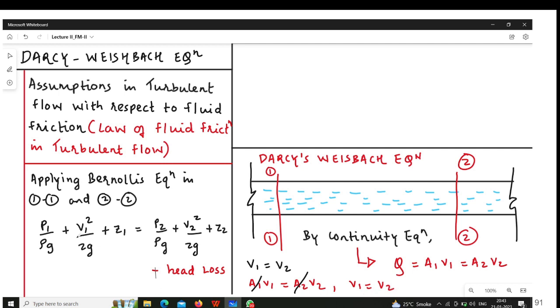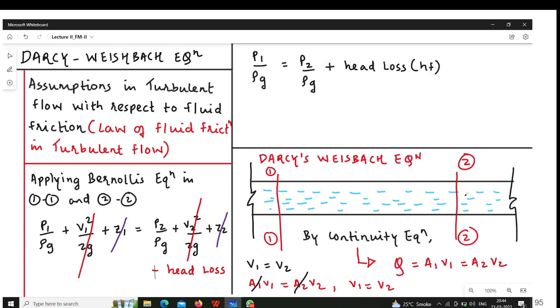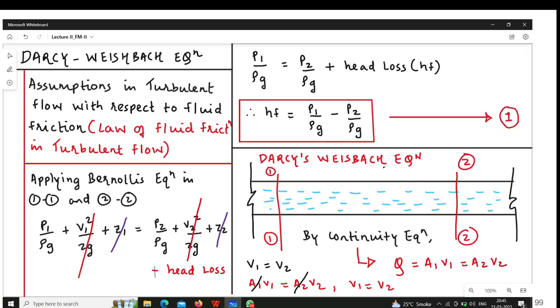So velocity is same and datum is also same, so this part and this part get cancelled. So you are getting P1 by rho g equal to P2 by rho g plus head loss. P1 by rho g is pressure head at section 1-1, and P2 by rho g is pressure head at section 2-2. So head loss equal to pressure head at section 1 minus pressure head at section 2. You have to note this as equation number 1.